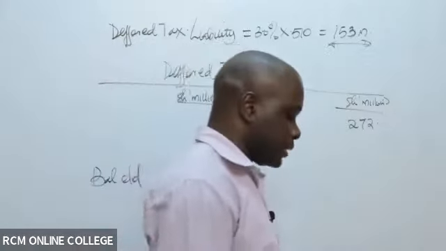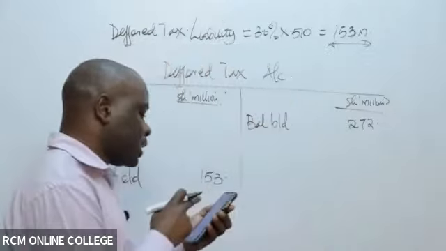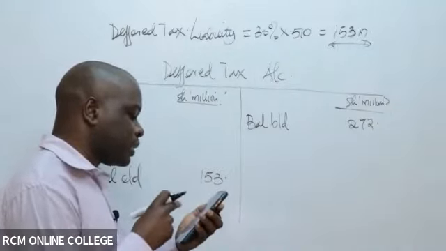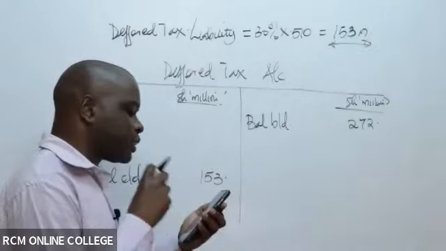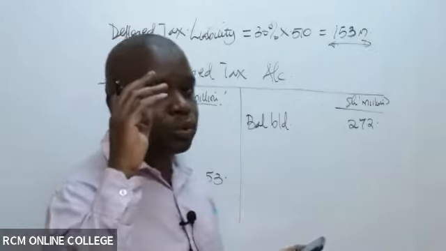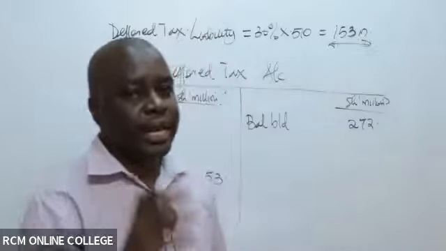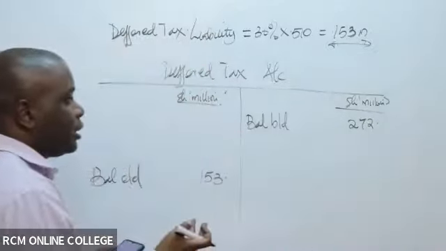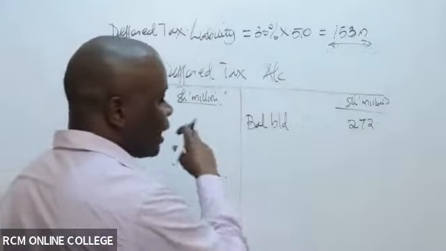Here, property was revalued upwards, so it was a revaluation gain. Rule of thumb: any revaluation gain, you credit in the deferred tax account.